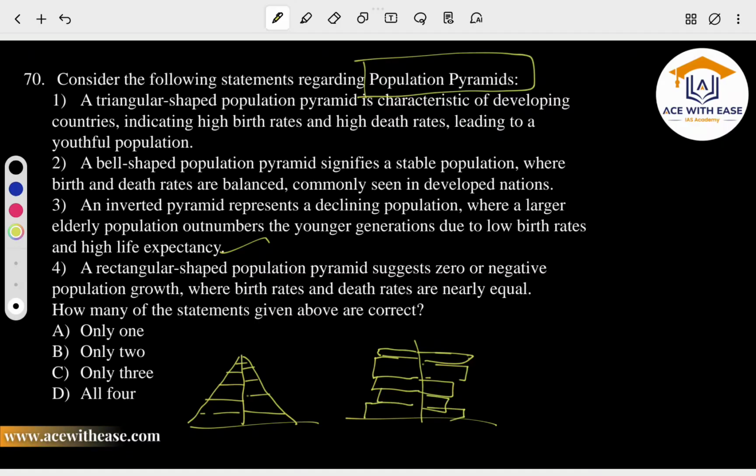A rectangular pyramid suggests zero or negative population growth where the birth rate and the death rate are nearly equal. So all the statements here are correct regarding population pyramids.